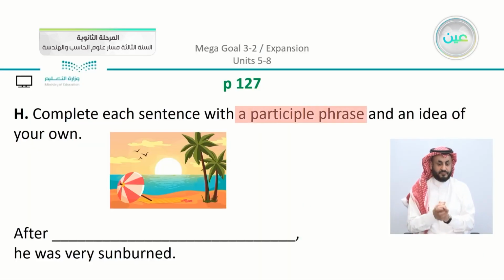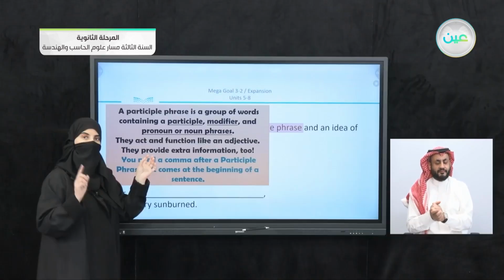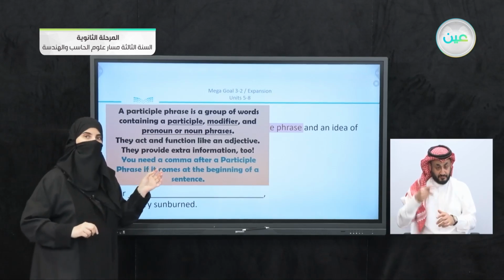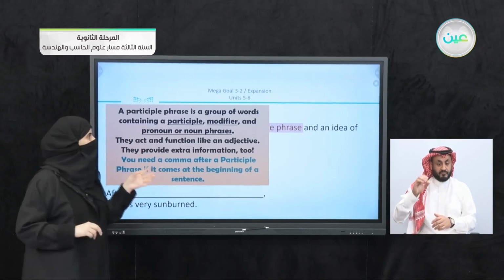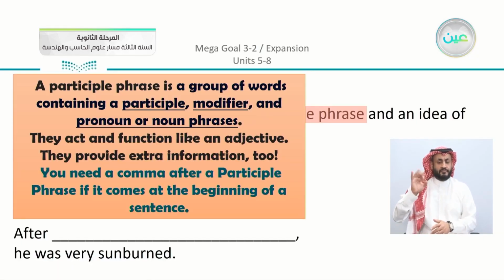So just to remind you, what is a participle phrase? It is a group of words containing a participle. Remember what we studied in our semester. Also followed by modifier and pronoun or noun phrases. They act and function like an adjective. They provide extra information too.